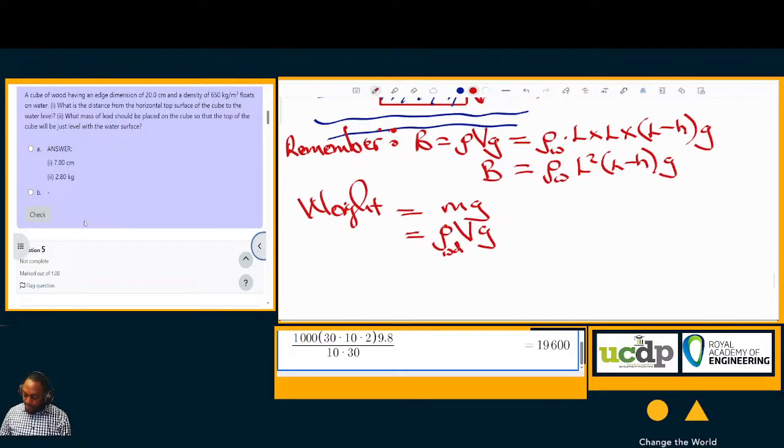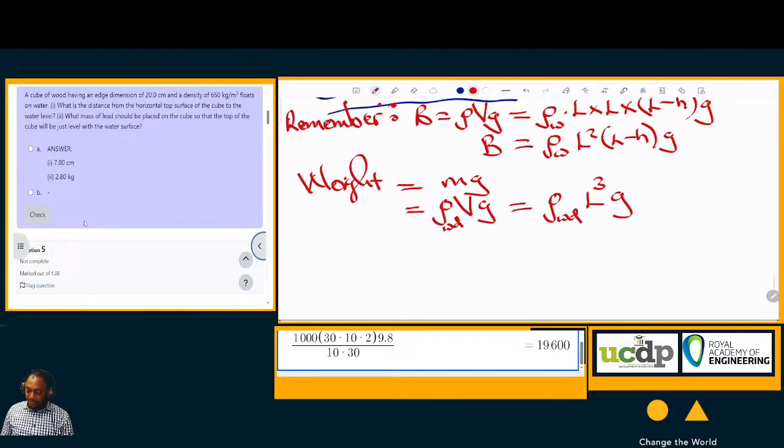So the weight is the density of the wood times the volume of the wood, L cubed, length times width times height, times g.